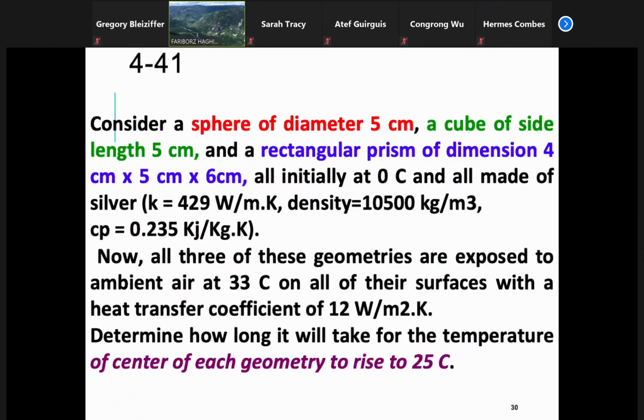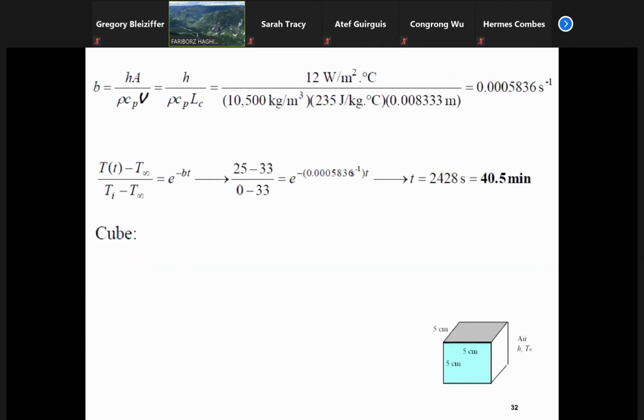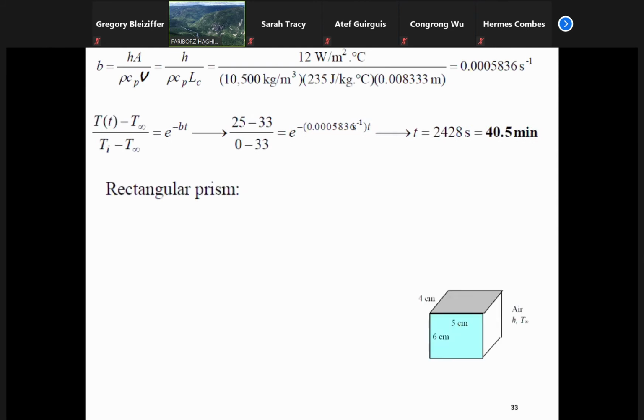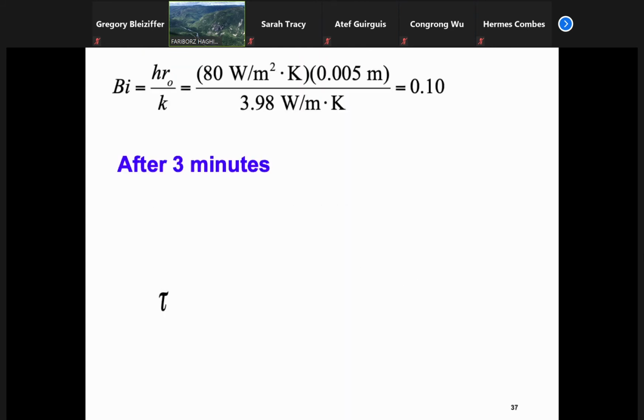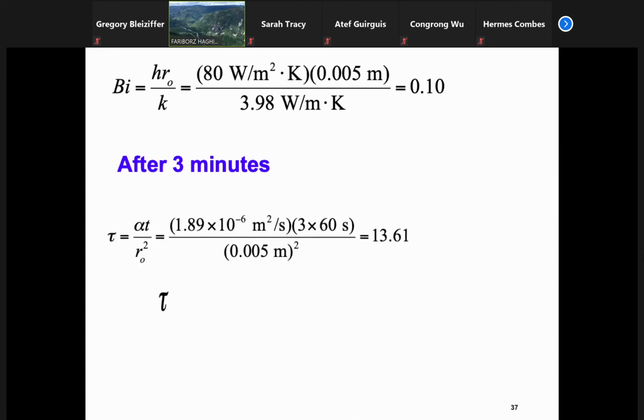Let's go back to the problem that we had. After 3 minutes, this means t is 3 minutes. Alpha is given to us, radius is given to us. Therefore, the Fourier number is 13.61.